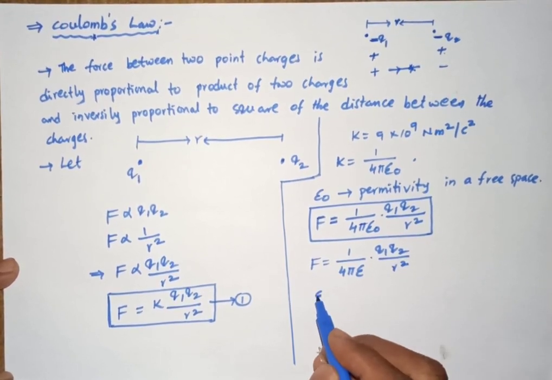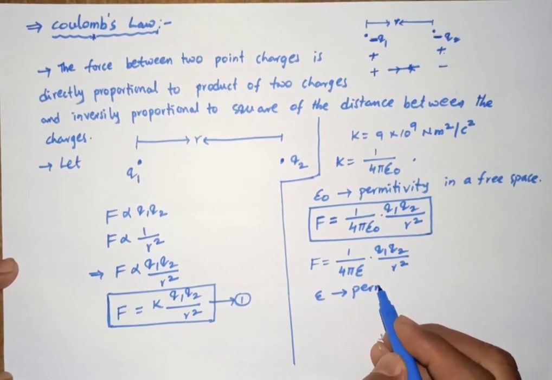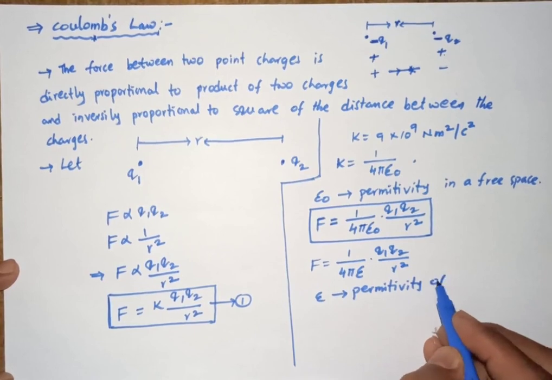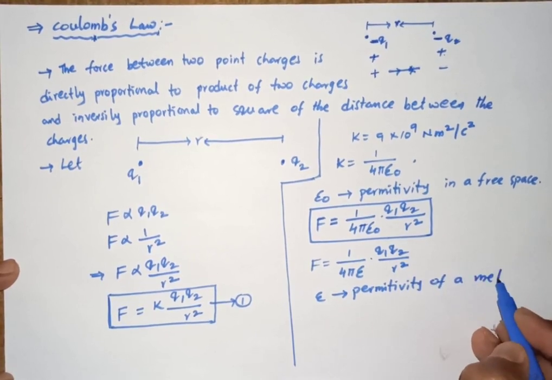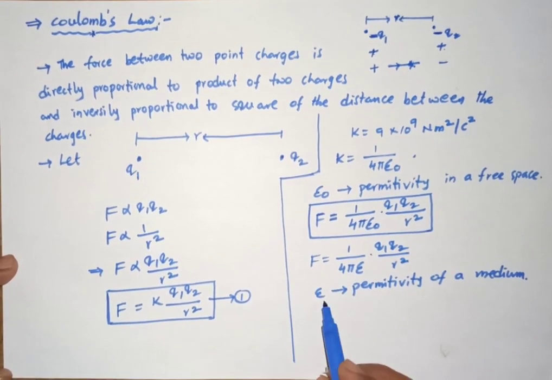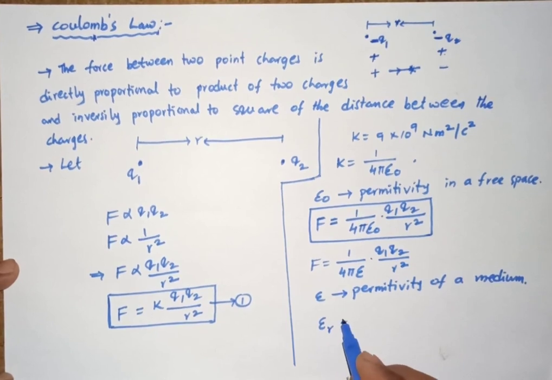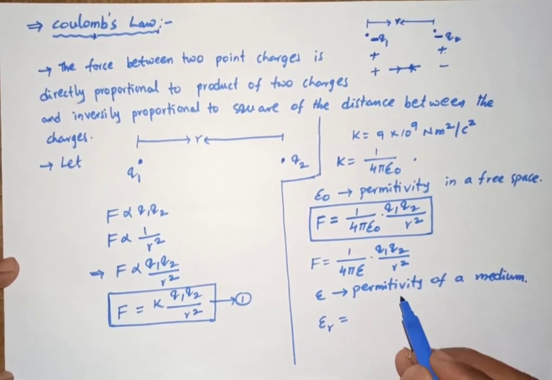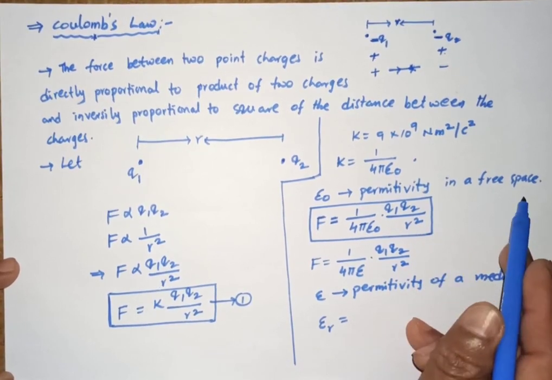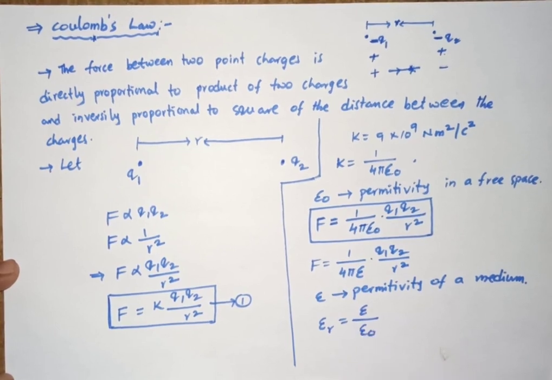Here epsilon denotes the permittivity of a medium. The relative permittivity is nothing but the permittivity of the medium divided by the permittivity of free space, that is epsilon by epsilon naught.